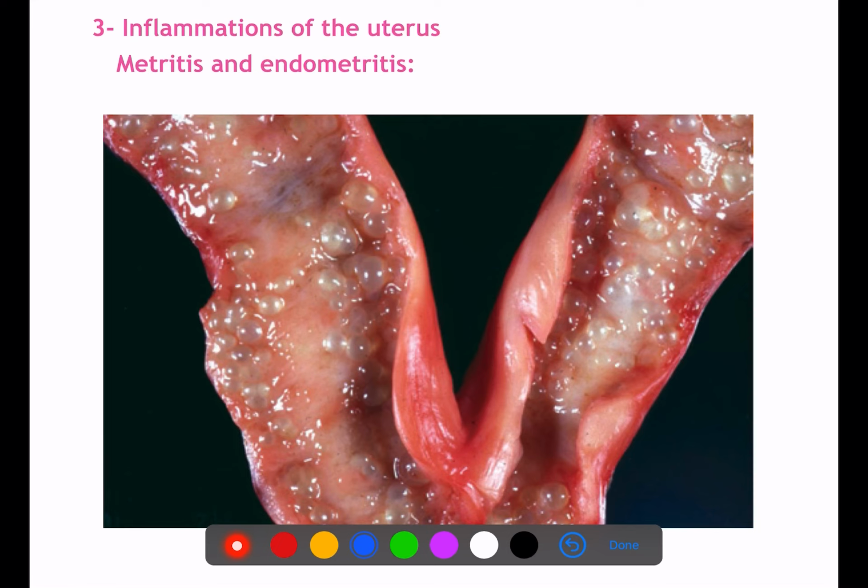In the normal physiological state, the uterus resists bacterial infection, and there is huge immune system activity within this area, including humoral and cellular immunity.